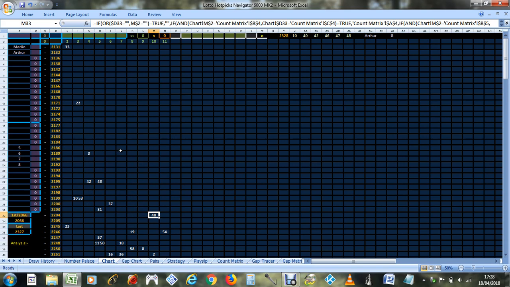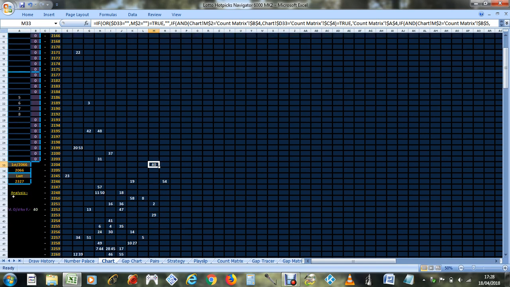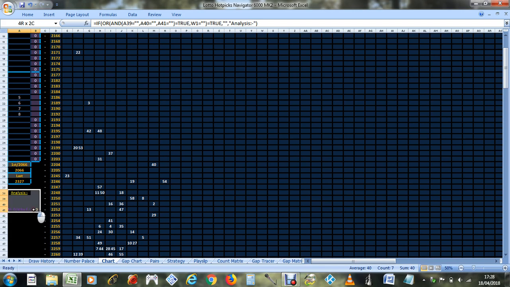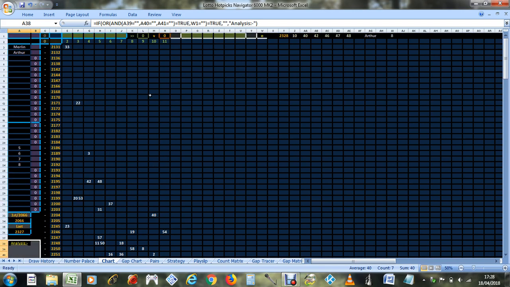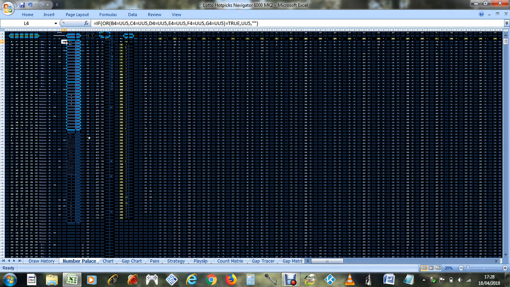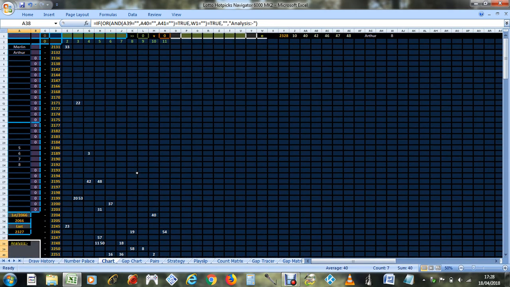I probably wouldn't have got that by looking at this chart before, but now that I've included this section based on my analysis of the numbers on this sheet, now I can see.